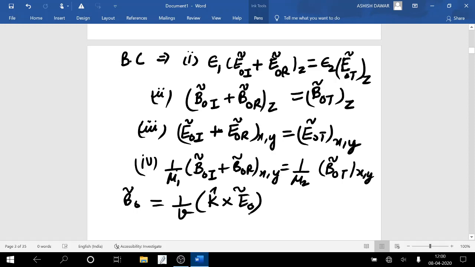So the last two represent a pair of equations, one for the x component and one for the y component.